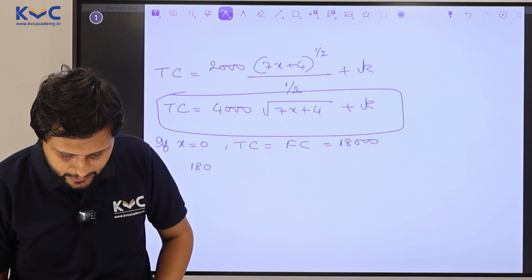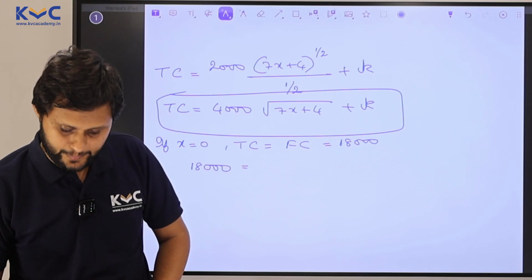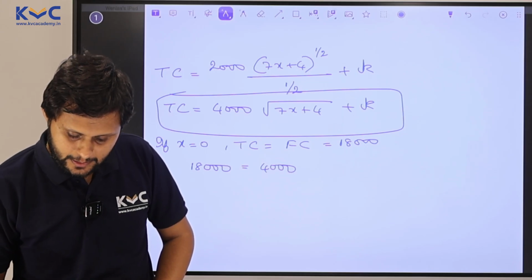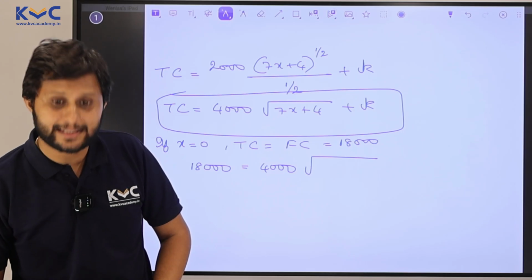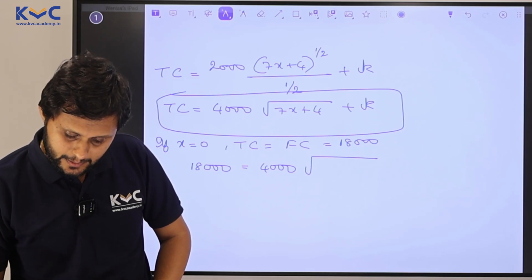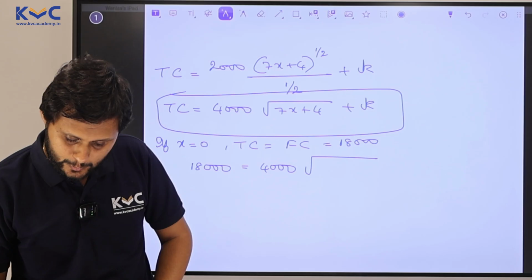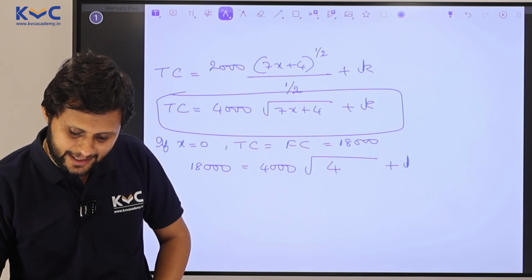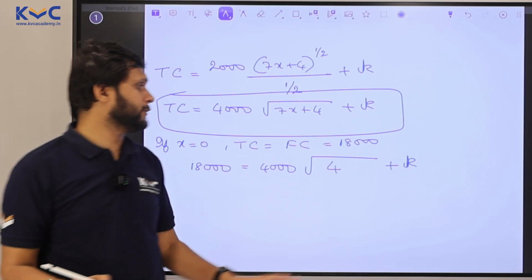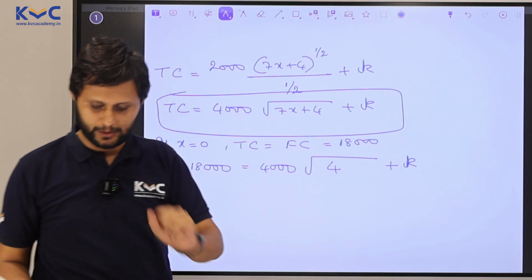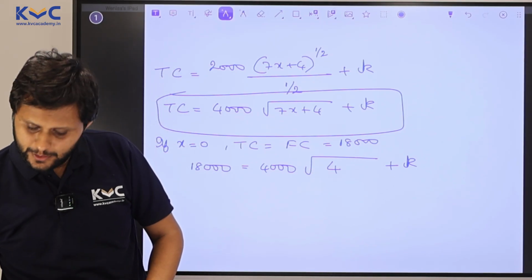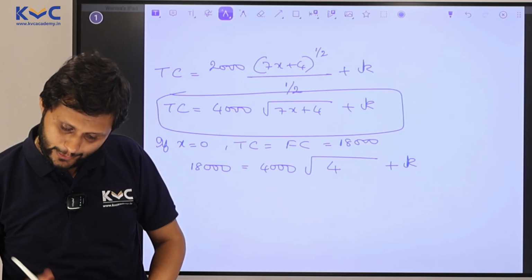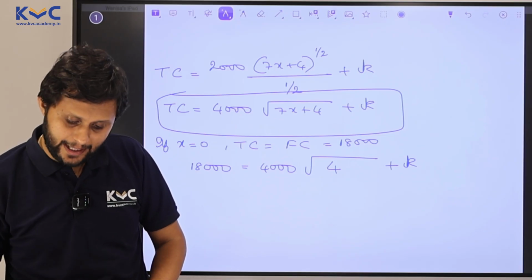So I get 18,000 is equal to 4,000 into square root of 7 into 0. 7 into 0 is 0, plus 4, plus k value. So basically I'm trying to find the value of k. Okay. Now the square root of 4 is 2. 2 into 4,000 is 8,000.